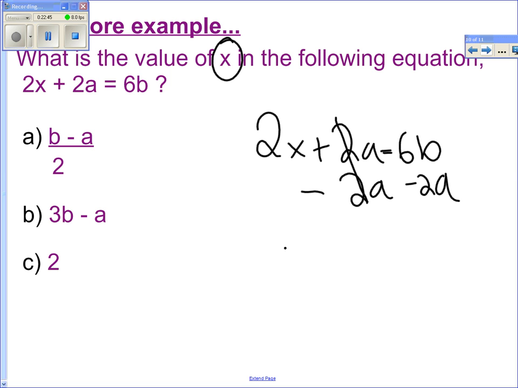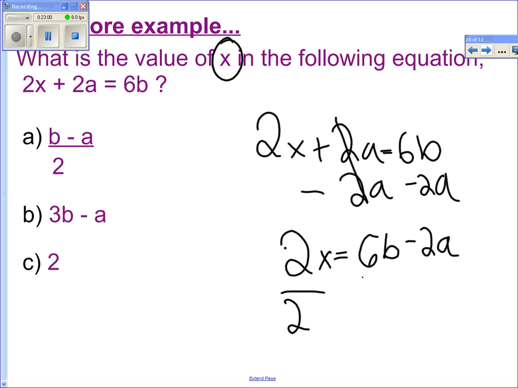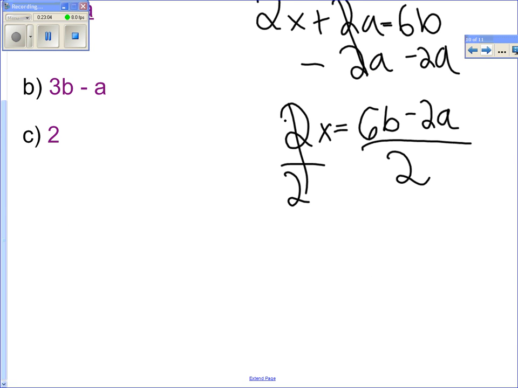These will cancel. I'm going to get 2x is equal to, now, I cannot combine these because they do not both have a's or b's. So I'm going to write them in a line, 6b minus 2a. And then my last step would be divide every term by 2. Now, here's where I actually can simplify. I can simplify, and remember, these are called our coefficients, the numbers in front of the variables.